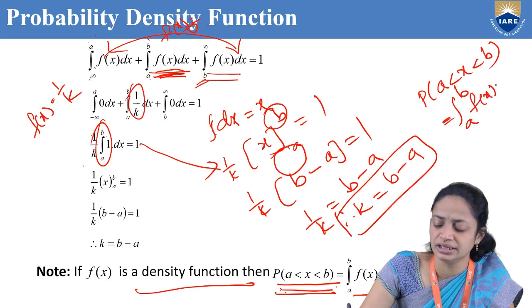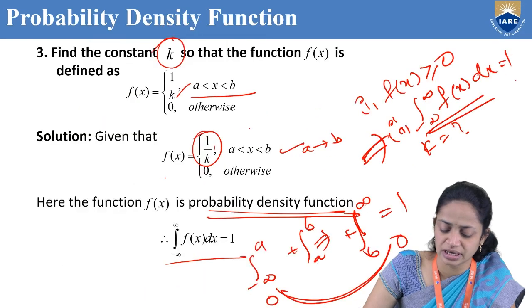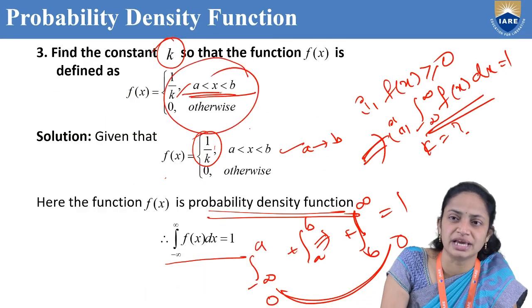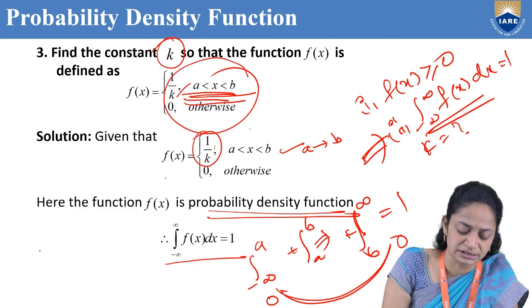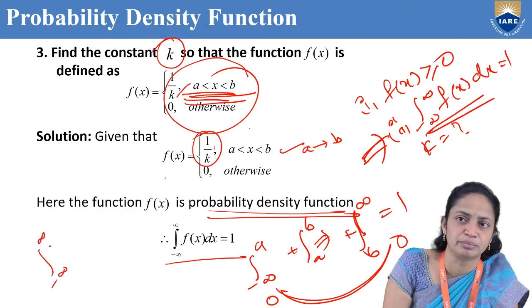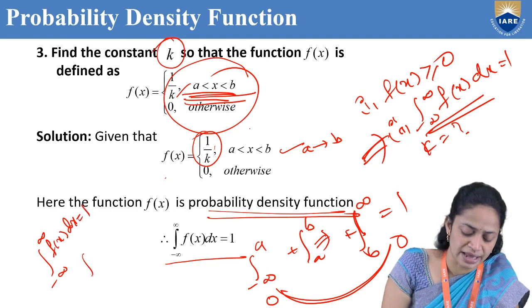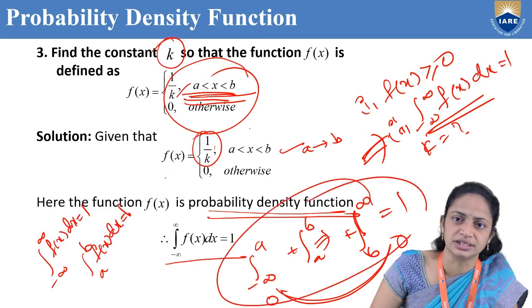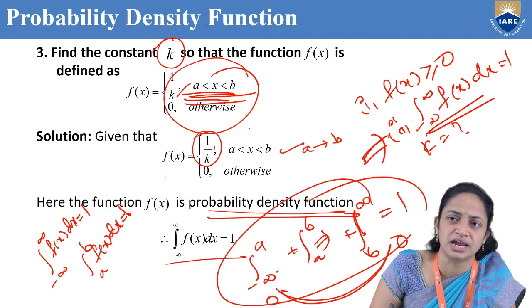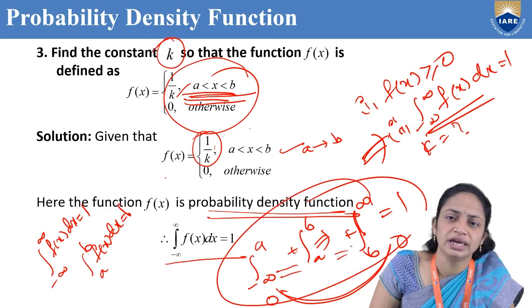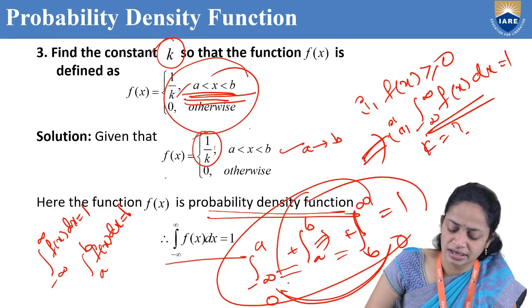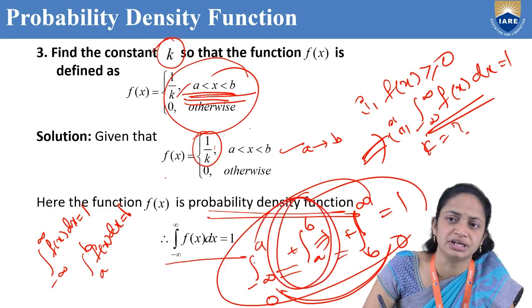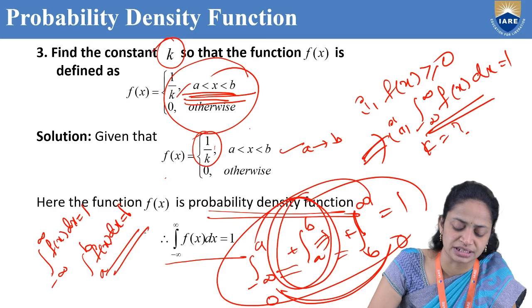The function will exist only in this case. So instead of writing the integration over minus infinity to infinity of f of x dx equal to 1, we can directly write the integration over a to b of f of x dx equal to 1. No need to split it into minus infinity to a, plus a to b, plus b to infinity.